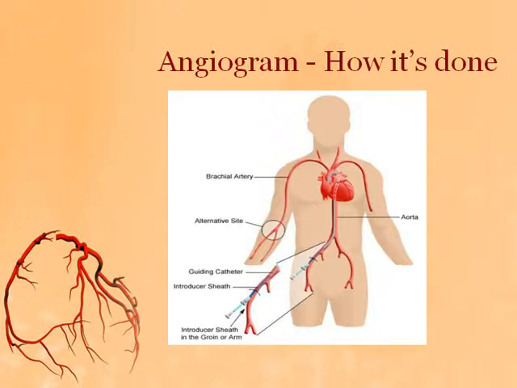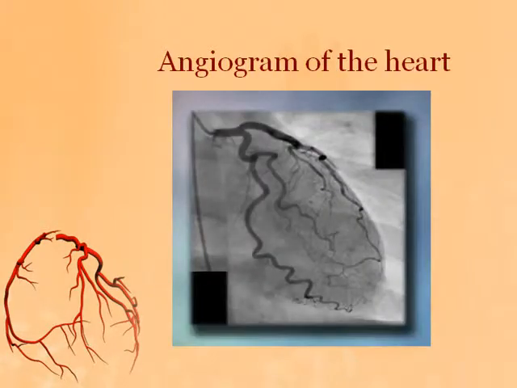Like I mentioned before, the same procedure can also be done through an artery in the forearm. Another image, this time of a shot of an angiogram. Now this is just one image, and there are multiple images usually taken when this procedure is done.